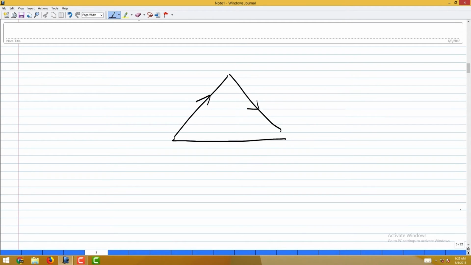Now the third edge is having this direction. On the other hand, if I had given this direction, this is not transitive, because this direction should be from here to here. So you have to try whether you can give arrows so that you satisfy all three properties, and that becomes a partial order. When you write down the pairs corresponding to the directed edges, that will become a partial order.